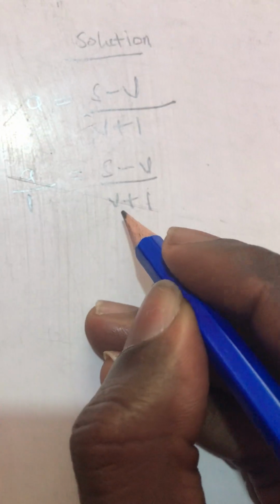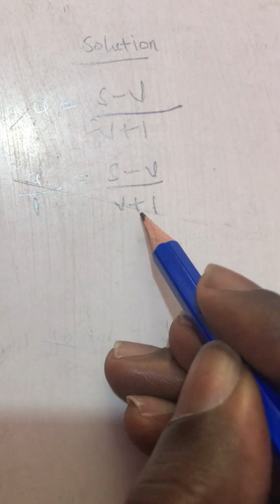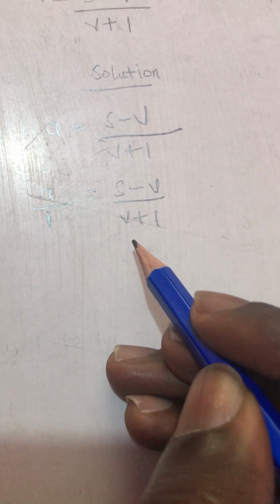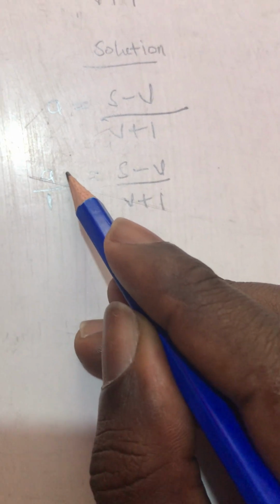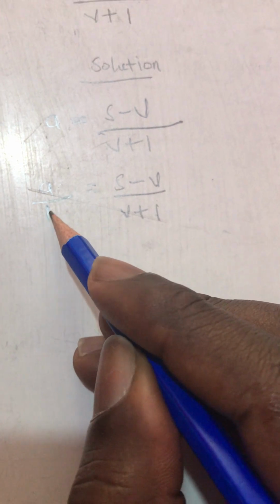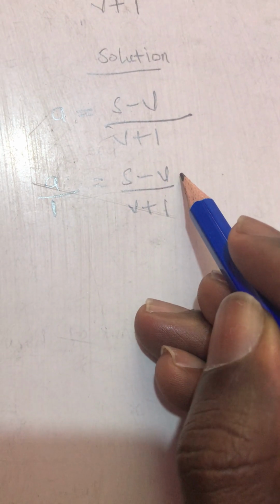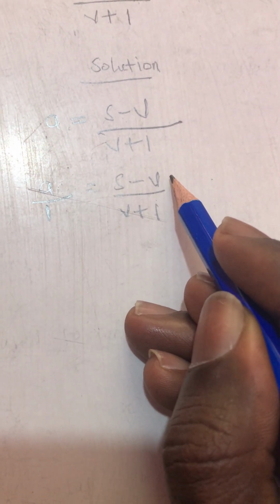In cross multiplying, the denominator at the right hand side would cross multiply the numerator at the left hand side. Similarly, the denominator at the left hand side will cross multiply the numerator on the right hand side, right?